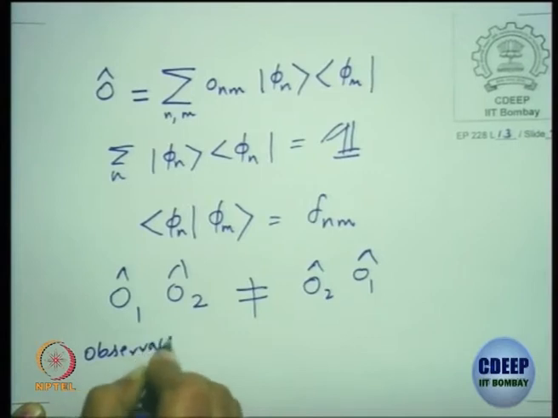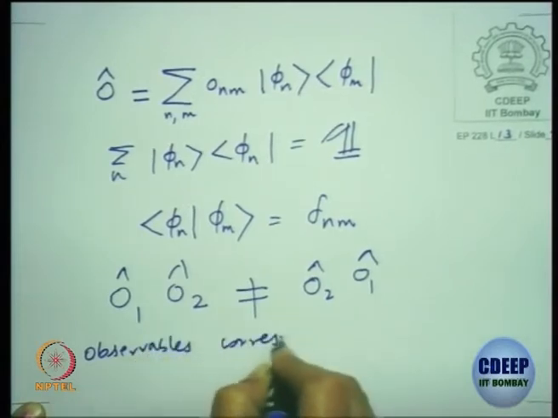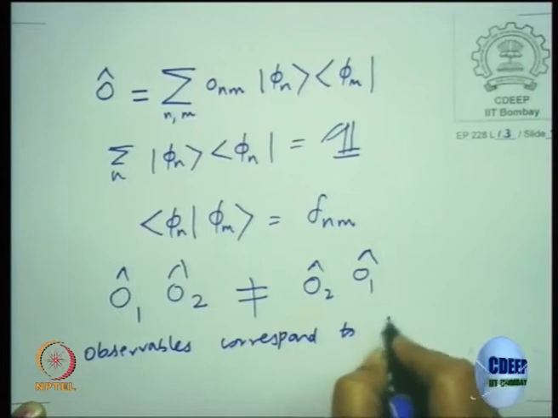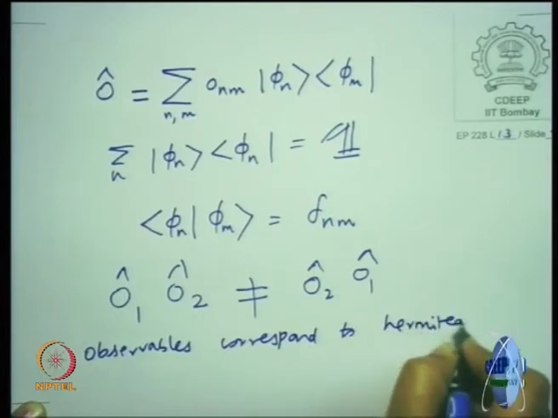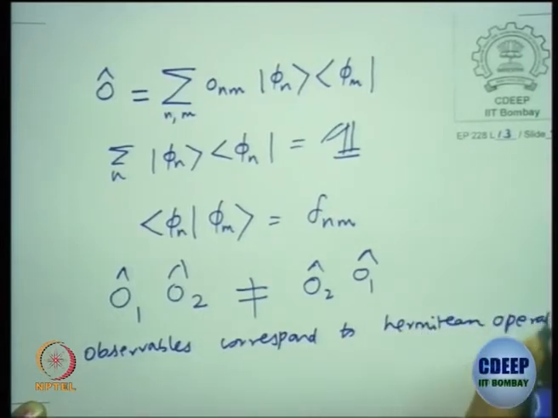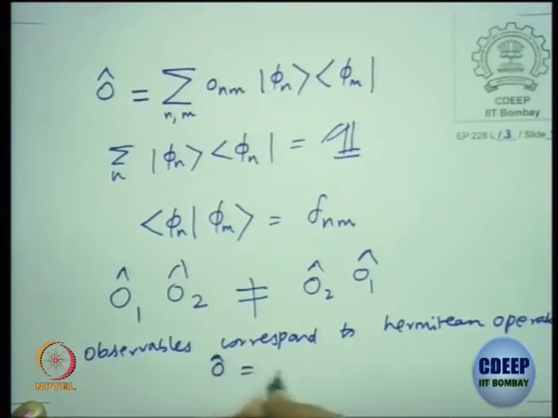Observables correspond to Hermitian operators, so they have to satisfy O equal to O dagger, which is complex conjugate and transpose if you give a matrix representation.